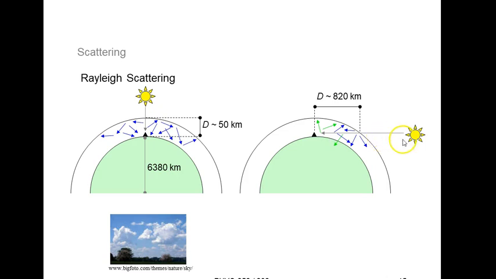That's a pretty big distance compared to 50 kilometers. So by the time the sunlight reaches your eye, a lot of that blue, violet, and even green wavelengths have scattered away. So they're not going to be present in this light that's coming directly to you from the sun. So when you look in the direction of the sun, you see that red orangey light.